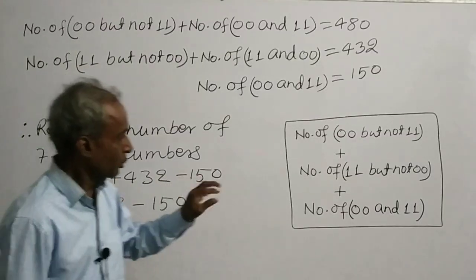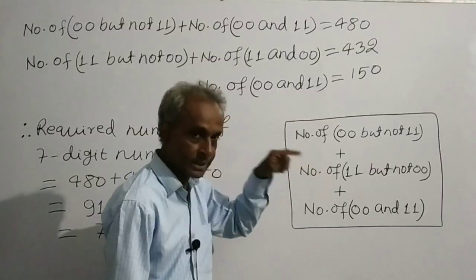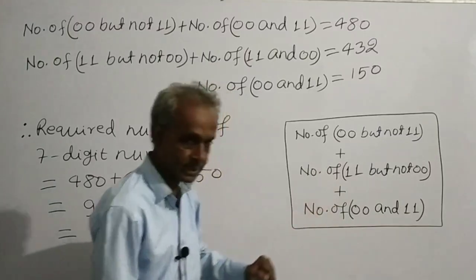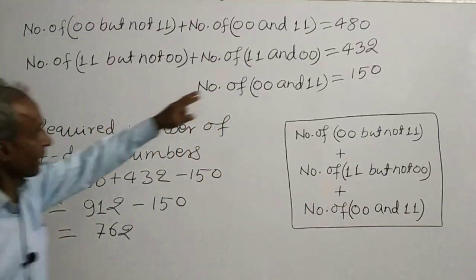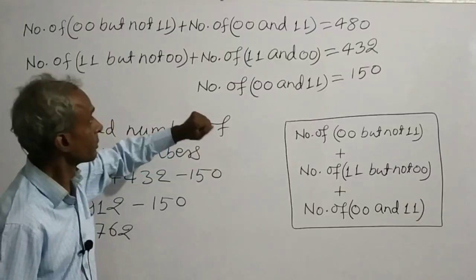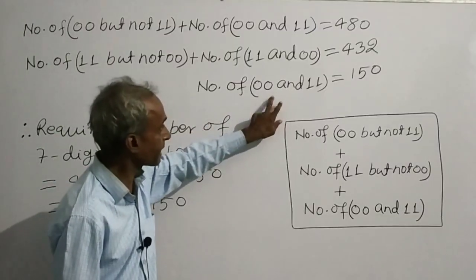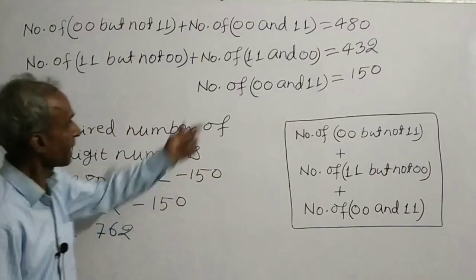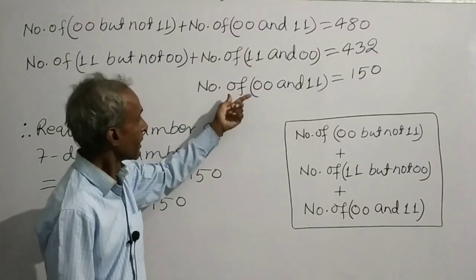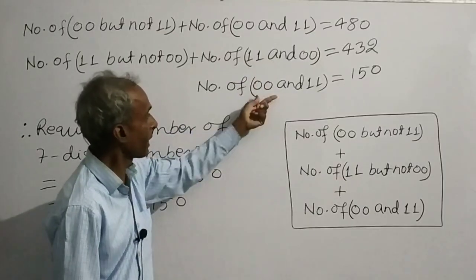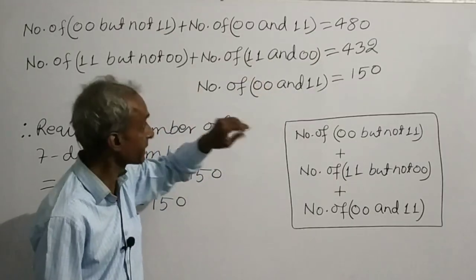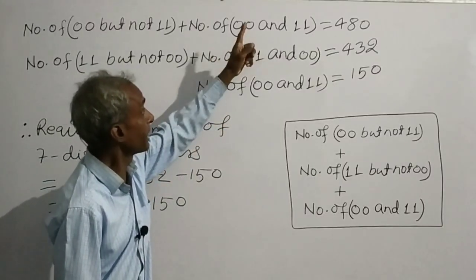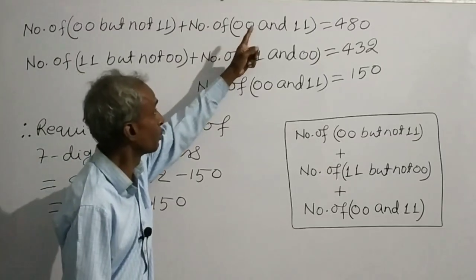Therefore, to get the required number, we add these two and subtract this once. Then this type of numbers will be cancelled out once and will be counted in the sum only once.